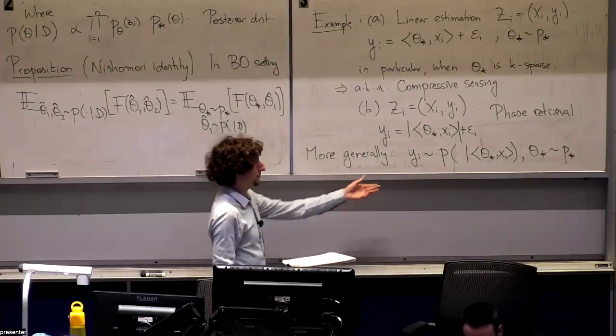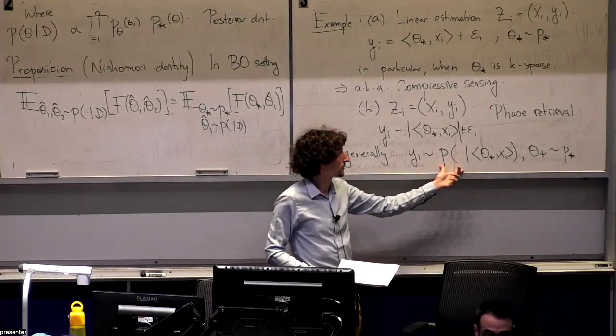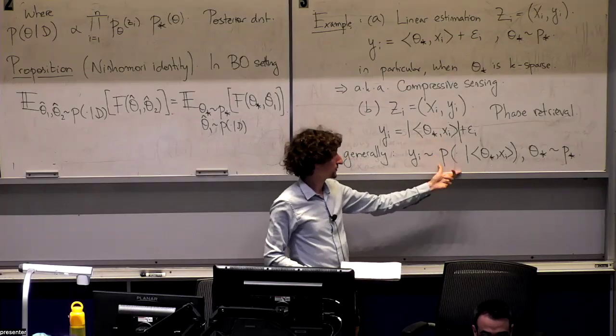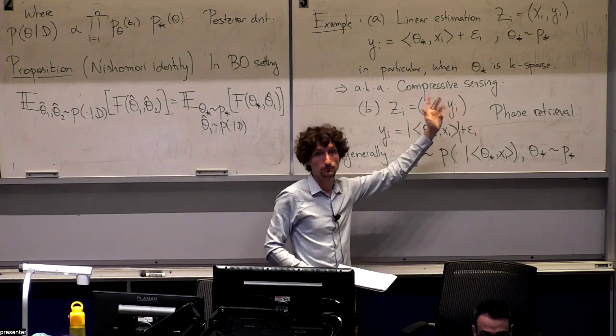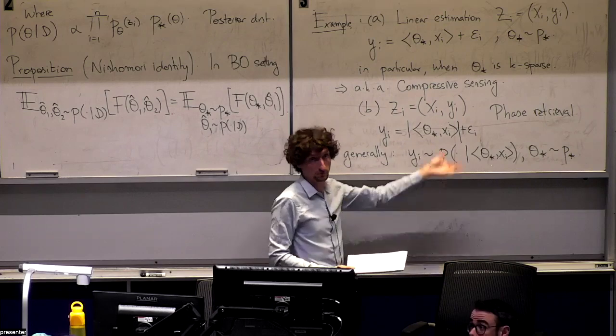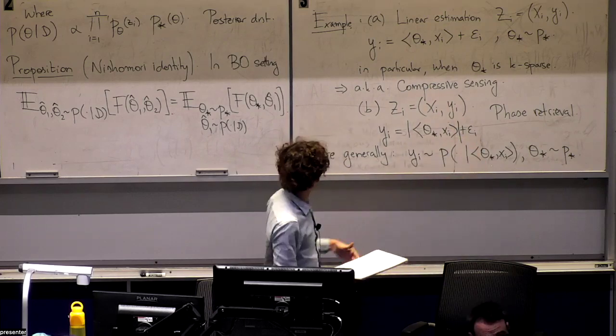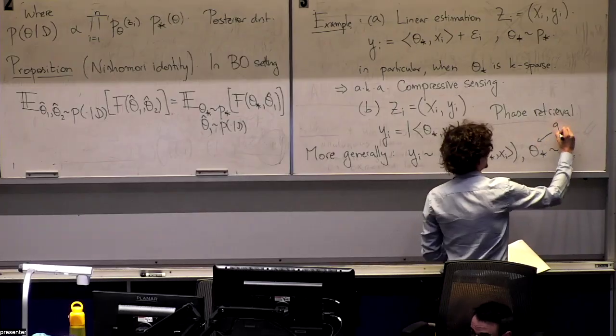So in this case, I have a generic likelihood, and this likelihood could be in particular the phase retrieval. This likelihood could be the linear case, could be something else, power 3, 4, could be the tanh, the ReLU, whatever you want. So this problem here is called generalized linear estimation.